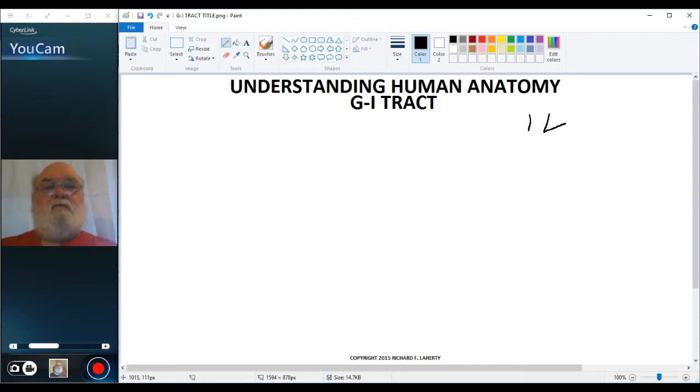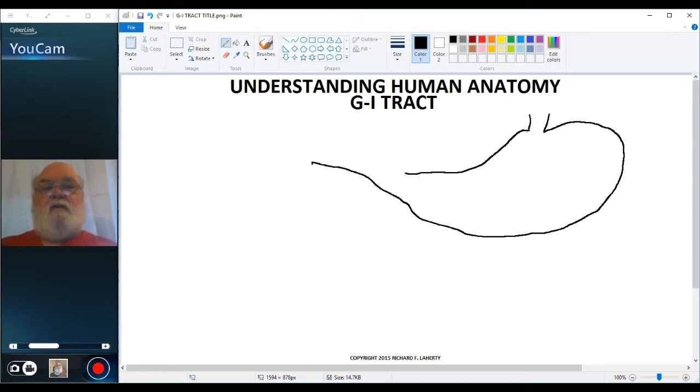And then we'll draw in the fundus of the stomach and come down in the greater curvature. And out to the right here. And then we'll come in with the lesser curvature, narrowing down to the pylorus, to where the stomach opens into the duodenum.